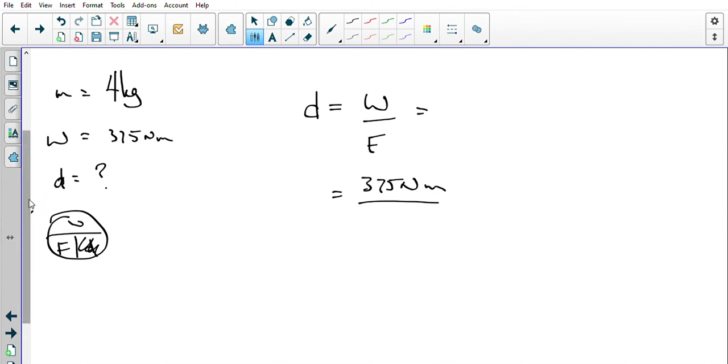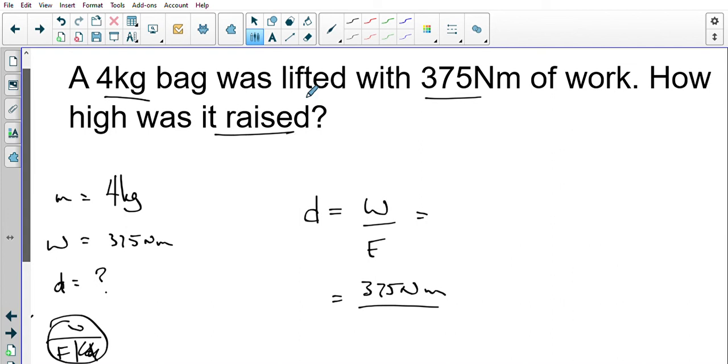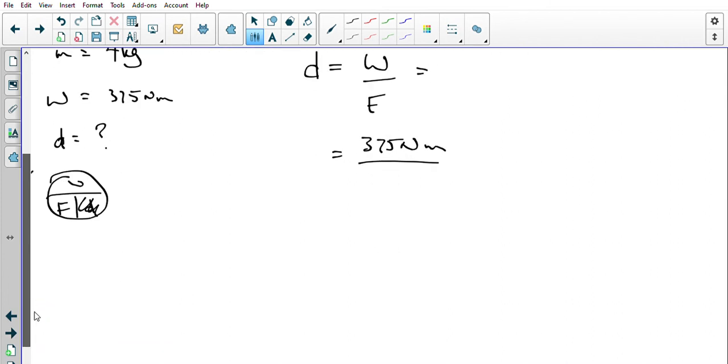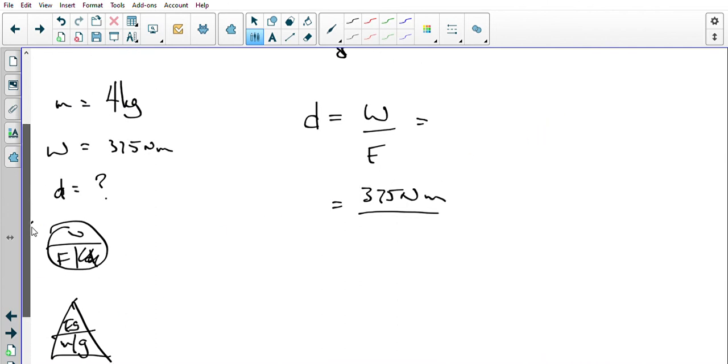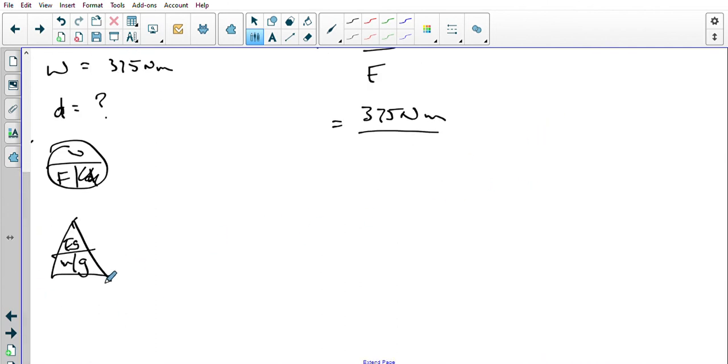Well, what are we doing? It's raised, was lifted. So that means we're dealing with the force of gravity. So let's put down our triangle, and our force of gravity is equal to mg.